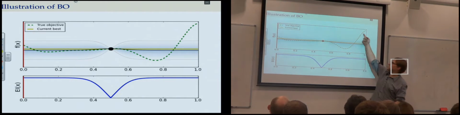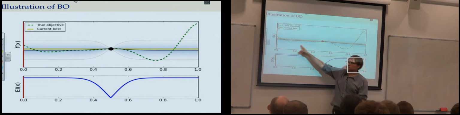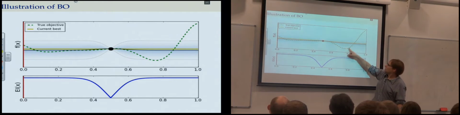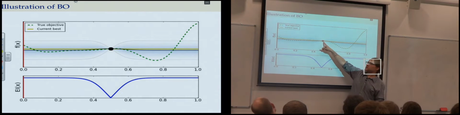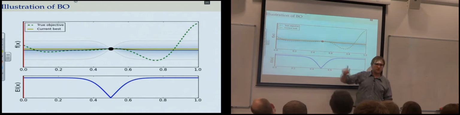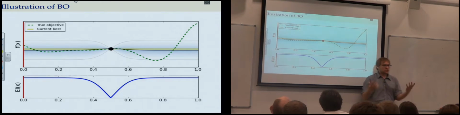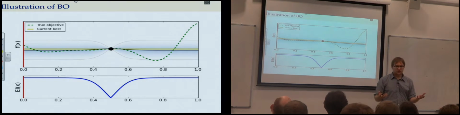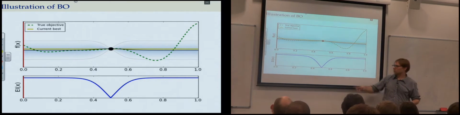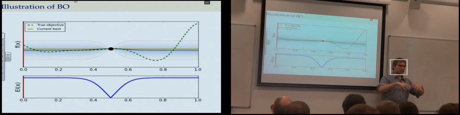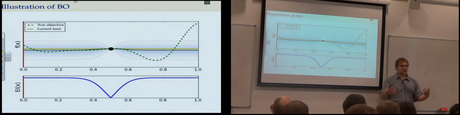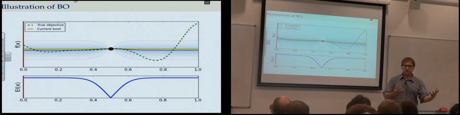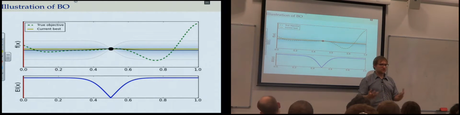This is the true function that I was sampling from, the dotted line. What I've done is to start with an evaluation of the function in the center of the domain. You need to give something to the GP to start. Either you start with one observation, or you have a more complex problem in which you can allow yourself a certain number of evaluations at the beginning of the process.